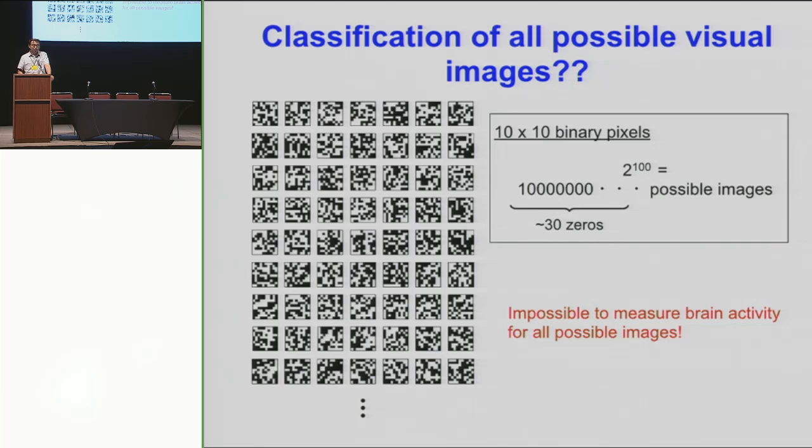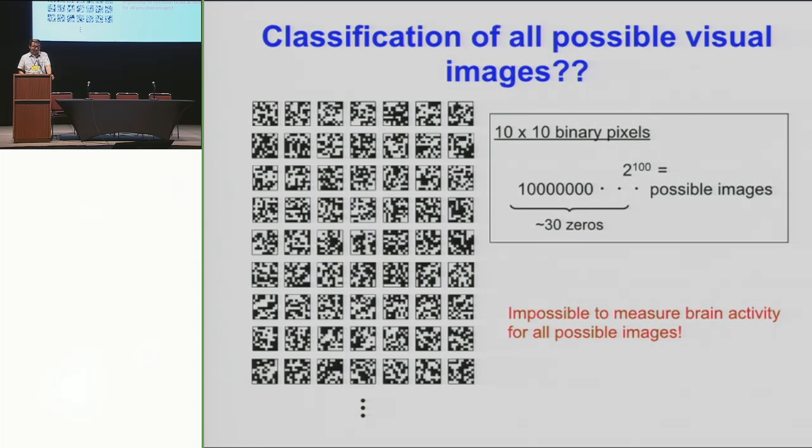Even if you assume that the image is just a 10 by 10 binary image, there are 2 to the power of 100 possible images. So you cannot show all these images in a scanner. Okay. So how can we get the numerous outputs?